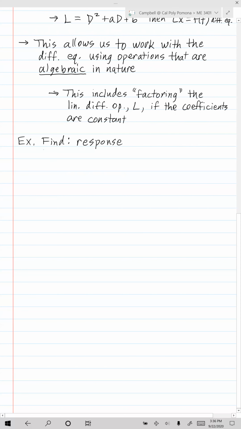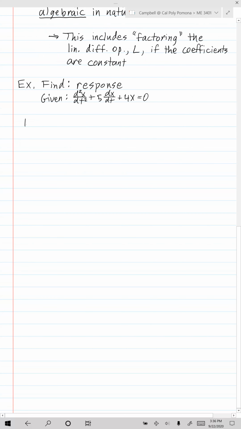So let's say that we want to find the response, and we're given the following differential equation. I'll write it out in long form. d squared x dt squared plus 5 dx dt plus 4x is equal to 0.